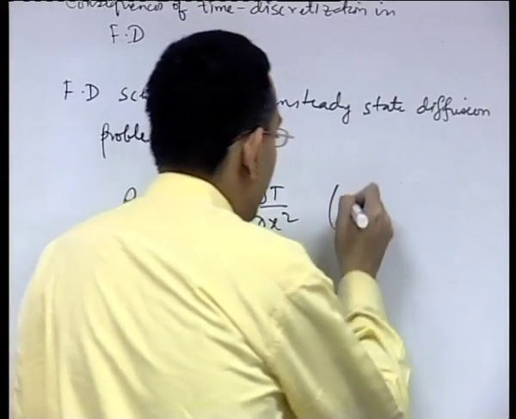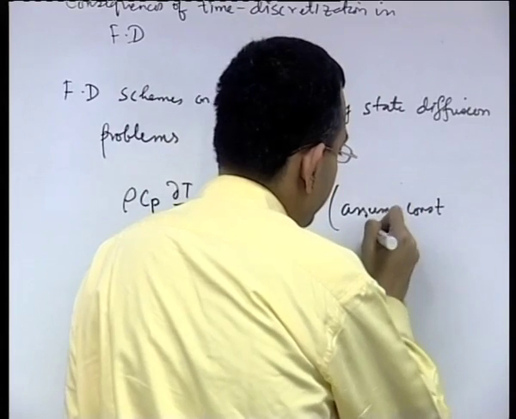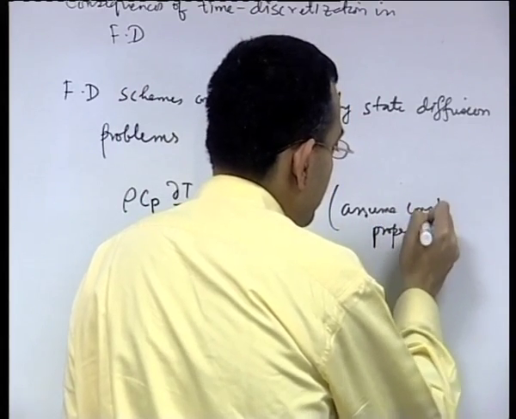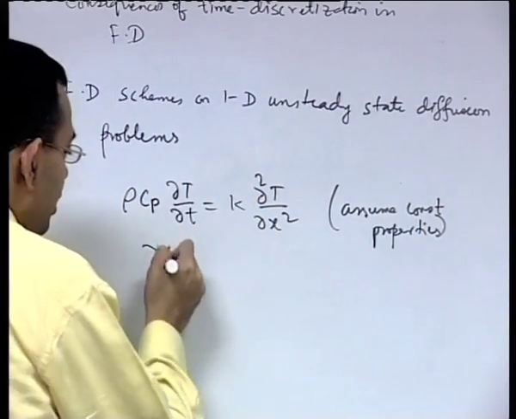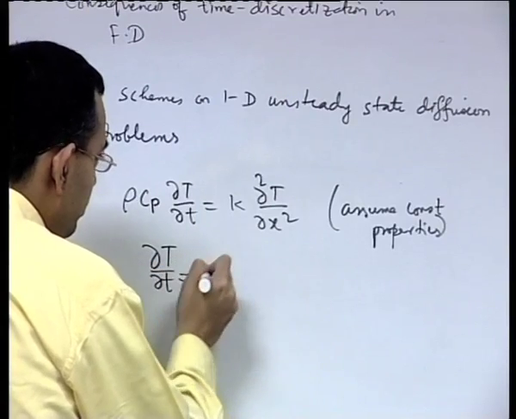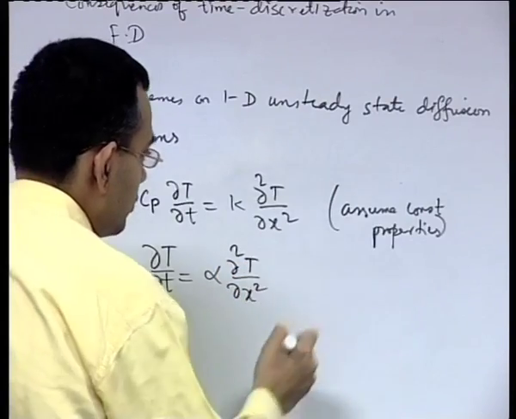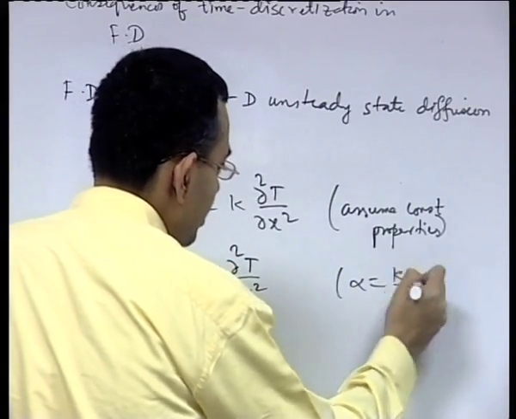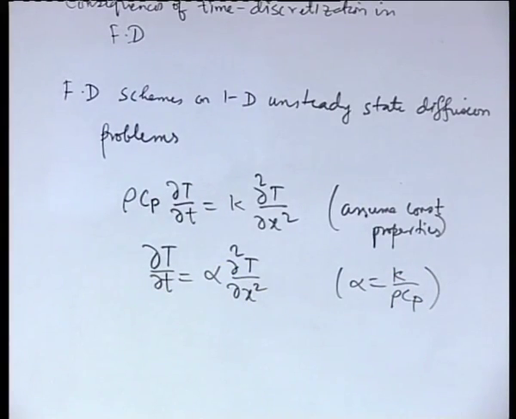So, assume constant properties. So, you can write, where alpha is k by rho Cp, which is the thermal diffusivity which we have discussed physically also.